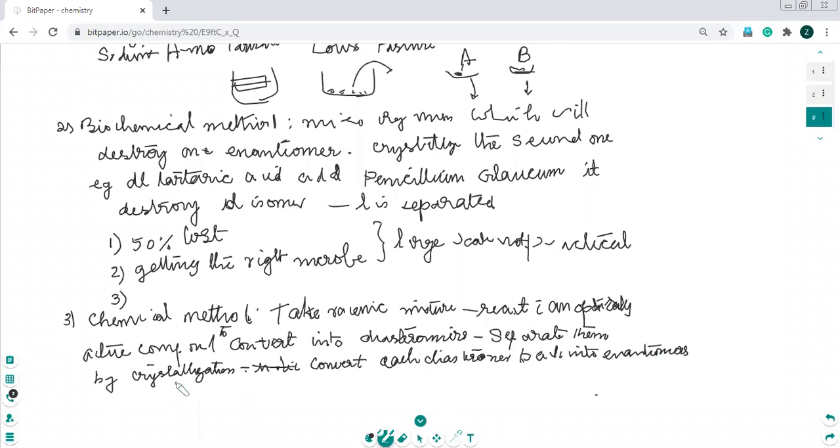Okay. So why do you do this? Why do you have to convert a racemic mixture into diastereomers? Because enantiomers have no difference in solubility. Enantiomers have the same solubility.